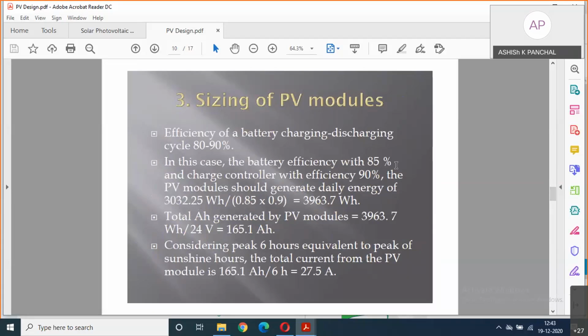Battery efficiency. Battery also takes some loss. Okay, battery also has losses. Let me consider the battery. So watt hour divided by 0.85 divided by 0.9. So 3963.